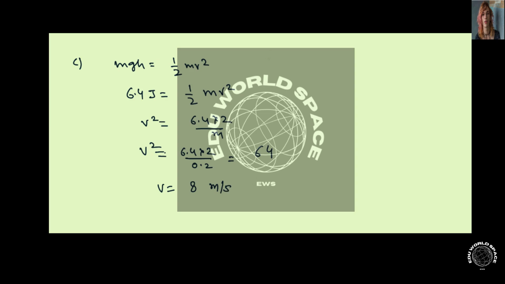So when we drop the block vertically, the final speed of the block will be 8 meter per second. This is the answer of part C of this question. And now part D: when we slide the box along the incline, what will be the velocity?